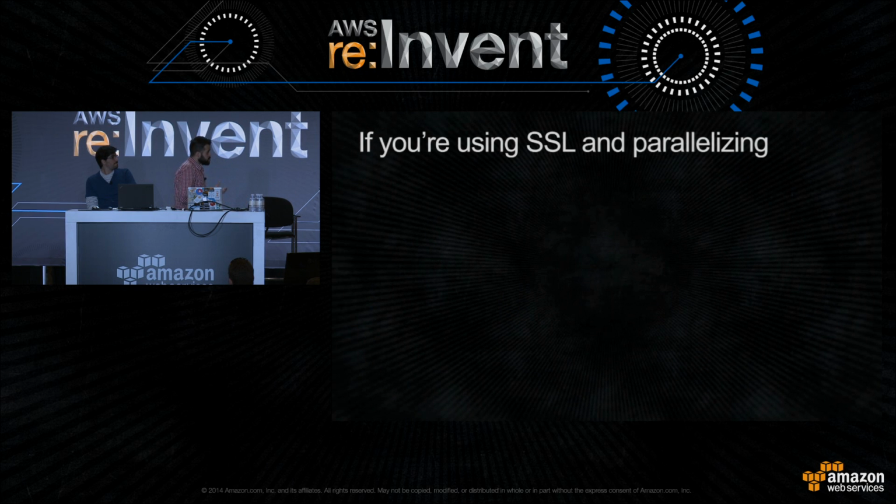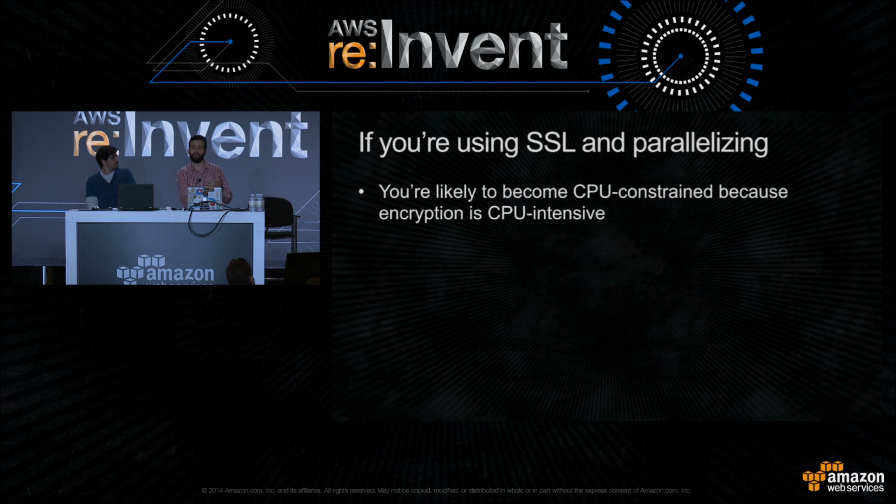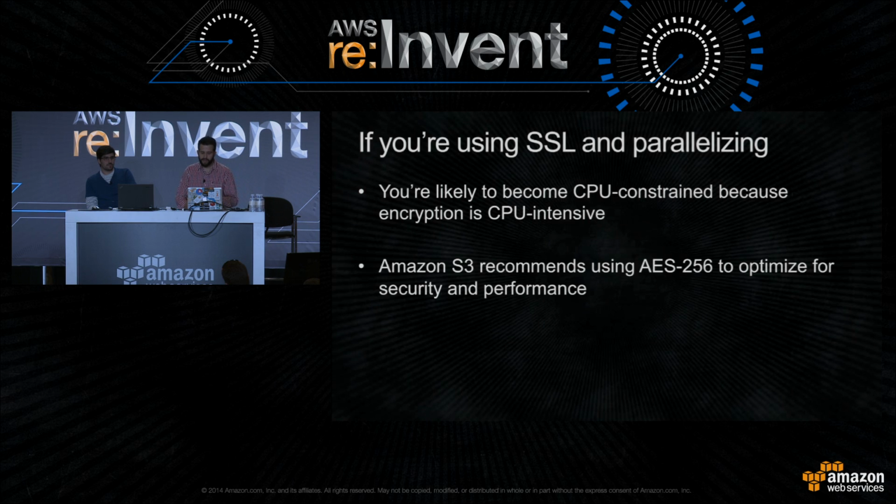S3 also provides you the option to use encryption when you're using the HTTPS endpoint. When you're using SSL, you're likely to become CPU constrained because the encryption itself uses CPU power. Encryption is a CPU intensive process. So Amazon S3 recommends that whenever you need to use encryption on your files, use AES-256 to optimize for both security and performance, and to not become CPU constrained.